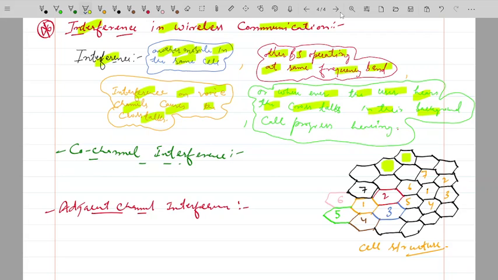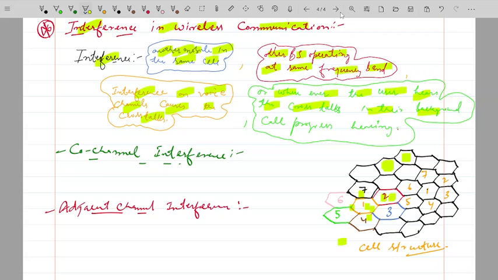As an example, in this figure this is a cell structure. You can see seven cells in a cluster, numbered 1 2 3 4 5 6 7. The numbers written in different colors represent that these cells have different frequencies.